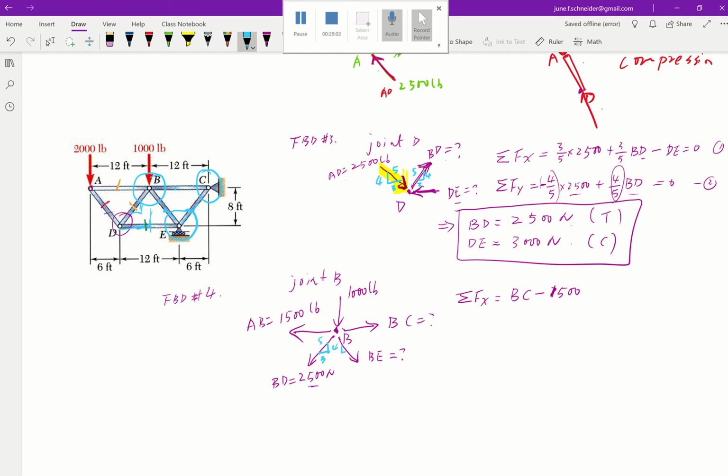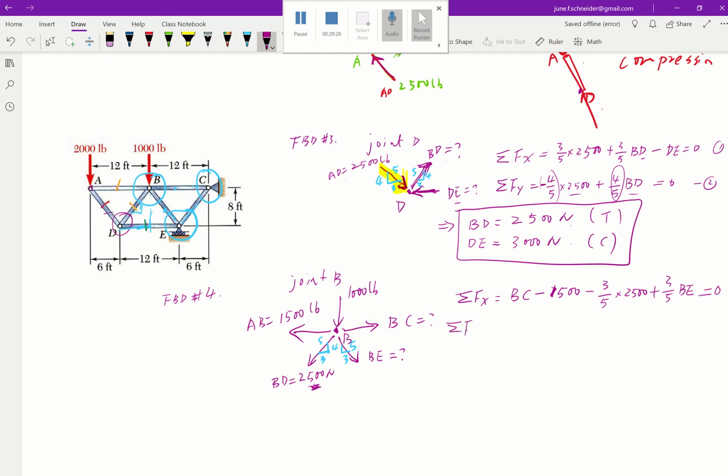Same thing for BE here. It's 3, 4, 5. Knowing that, we can write down our 2500. This BD x direction is going to the left. So it's negative 3/5 of 2500. And BE is 3/5 of BE, pulling to the right, plus that equals 0.